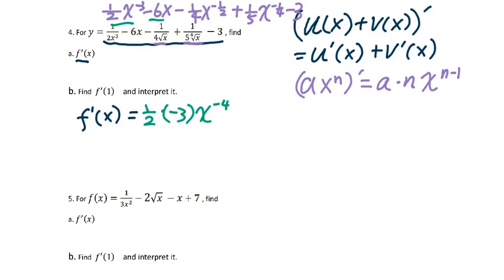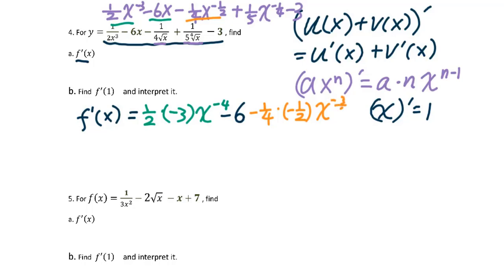The second term, you will get negative 6, because for x, derivative equals 1. Then for third term, you will get negative 1 over 4 times negative 1/2. Then x, you will do negative 1/2 minus 1, that's negative 3 over 2.